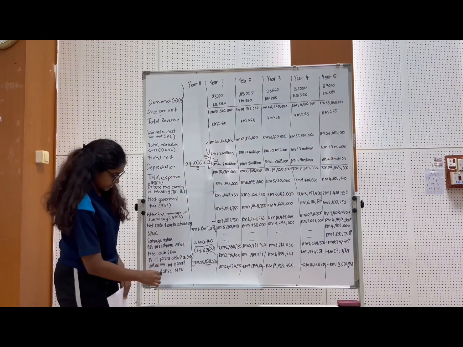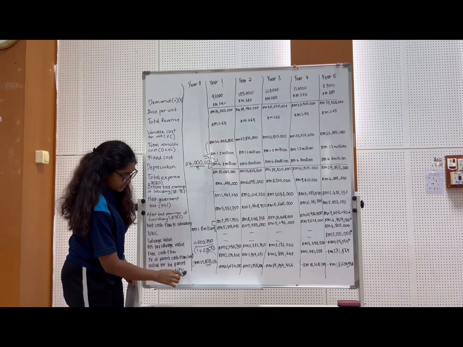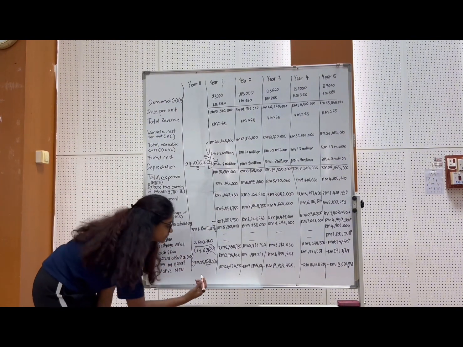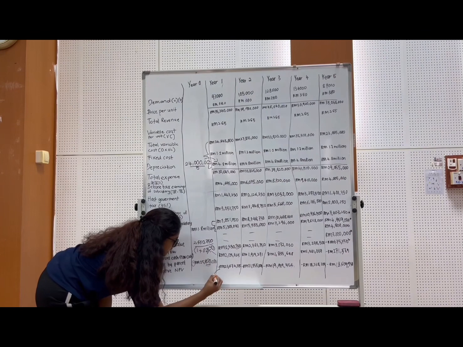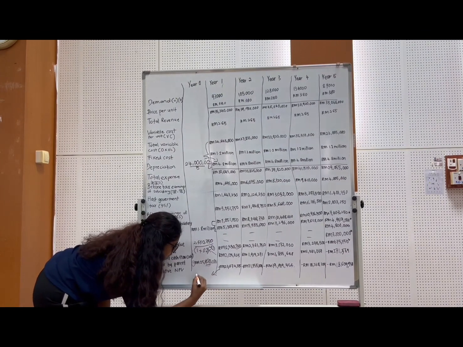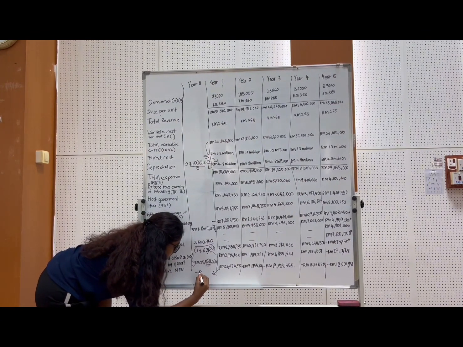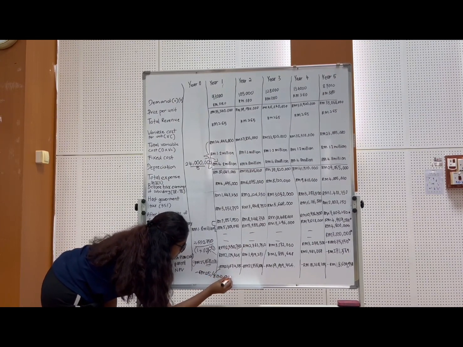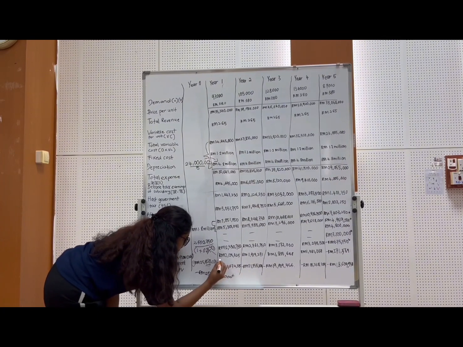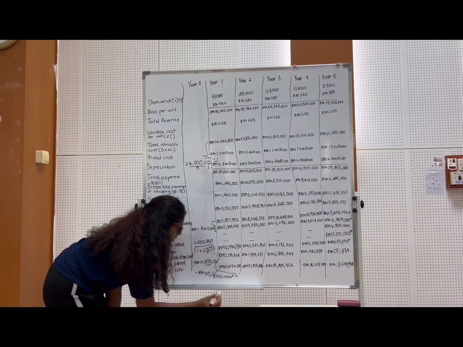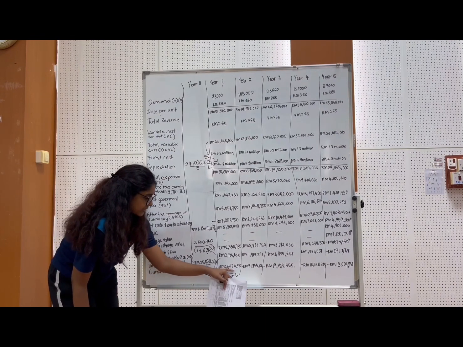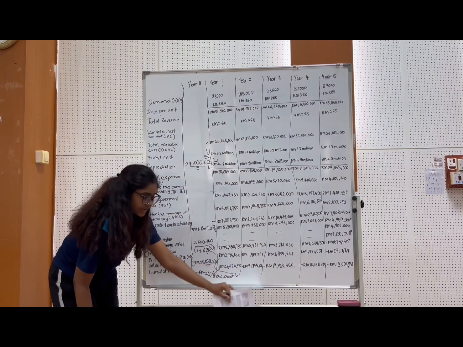So the next part is cumulative NPV. To find this, it is very easy. For year 1, we have negative RM 25,800 plus this amount. So we will get negative 23,674,375.